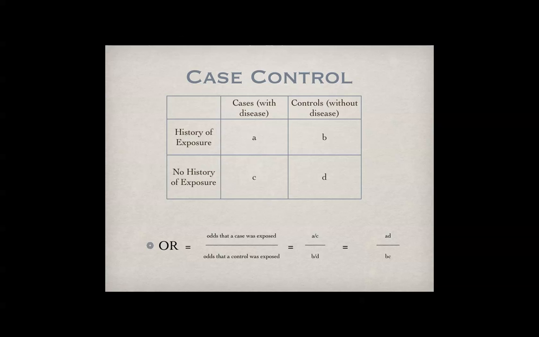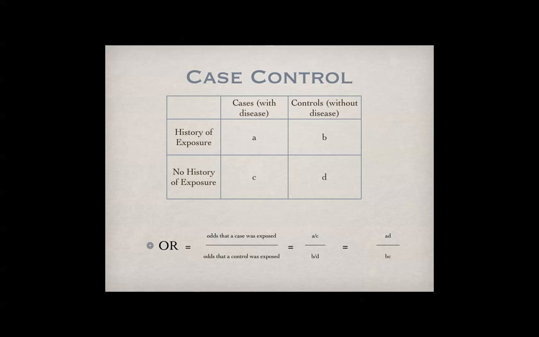So again, think about the smoking and the lung cancer. So the odds that a person with lung cancer actually smoked, divided by the odds that a person without lung cancer smoked. Okay, so hopefully that'll help you see this.